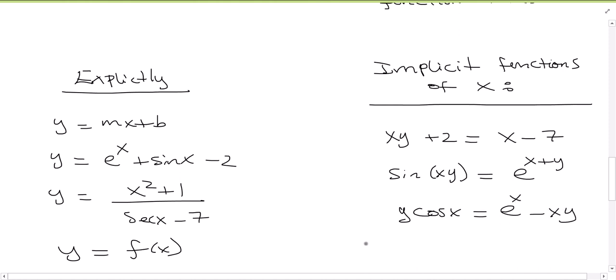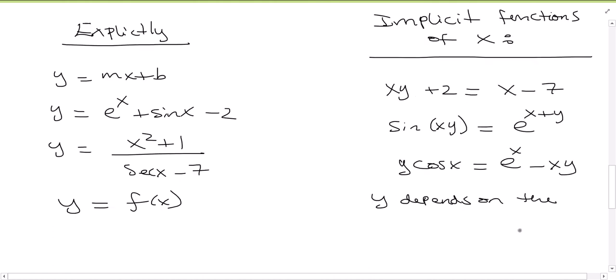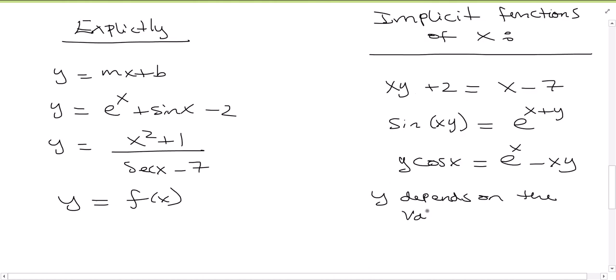So all of these will be saying y is implicitly a function of x, meaning y depends on the value of x, but I'm not writing y equals f of x, right? So I'm not saying y is explicitly a function of x.